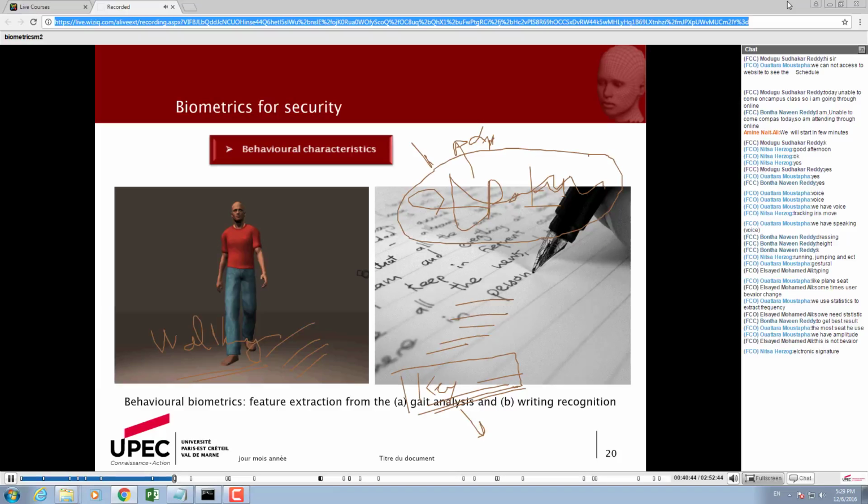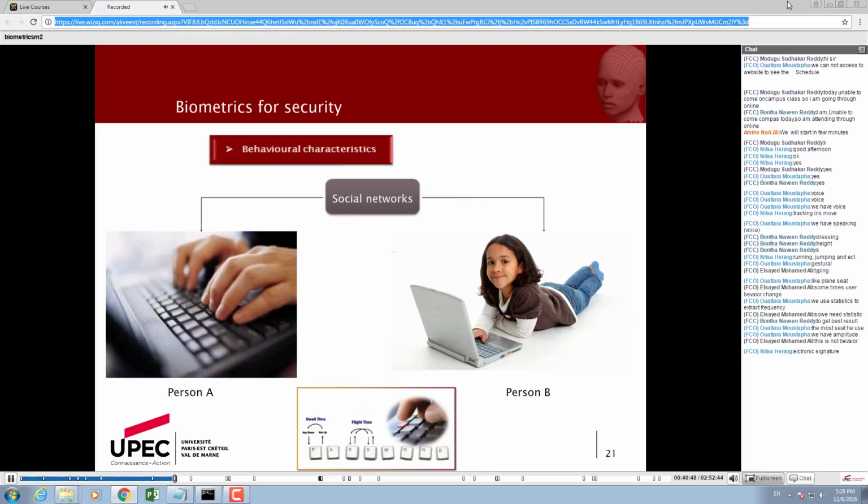Okay. So if I take another example like this one, look at this slide. We are still talking about behavioral characteristics or biometrics.